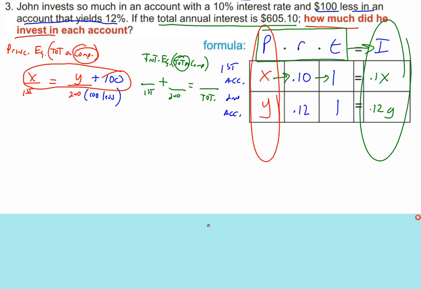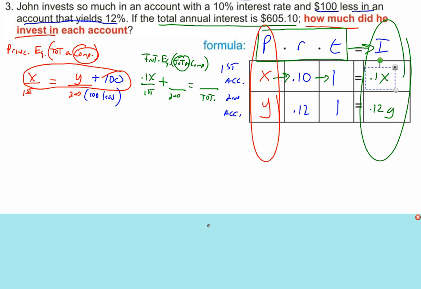All right, so Tim, help me out. What do I put in for the interest for the first account? 0.10x, right? We're doing interest. The interest of the first is 0.1 or 0.10x, correct.